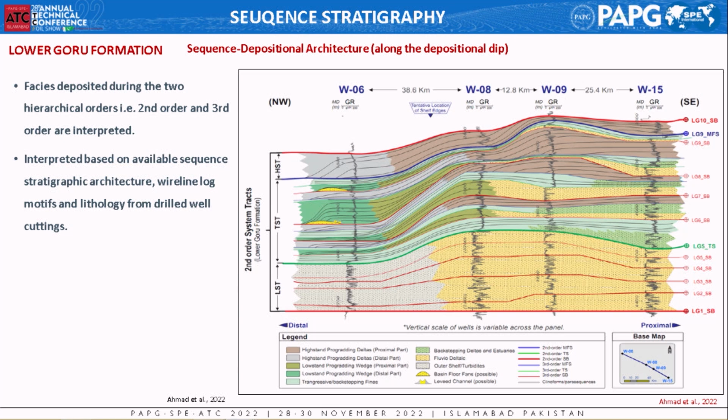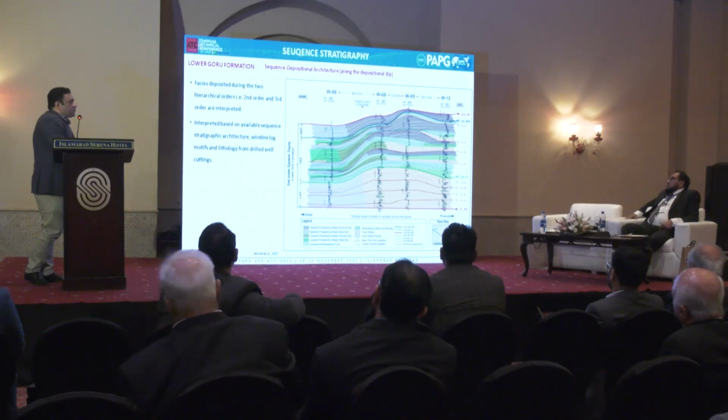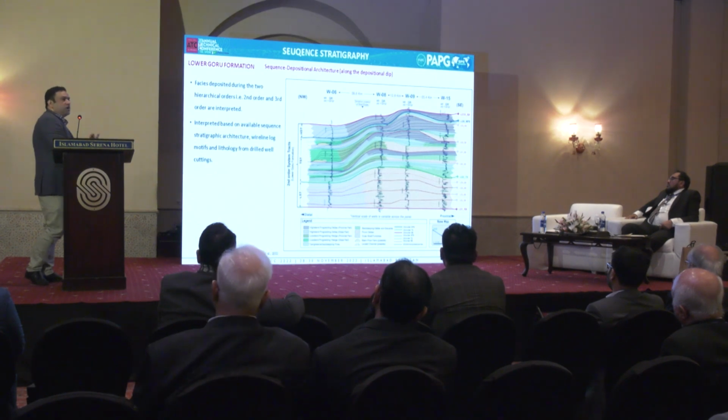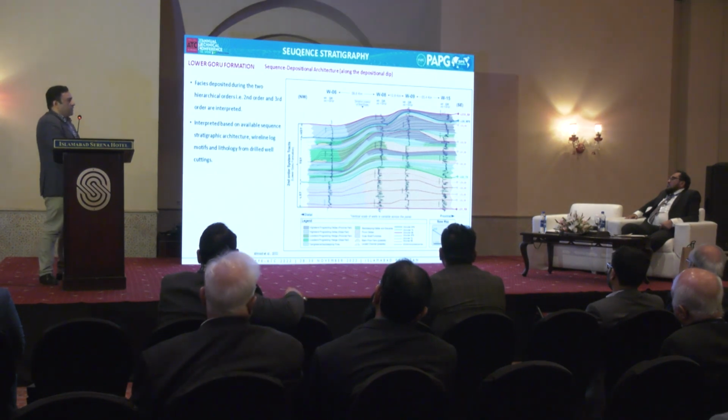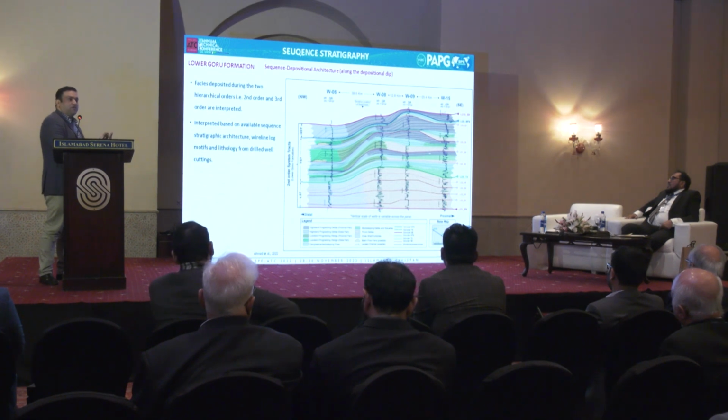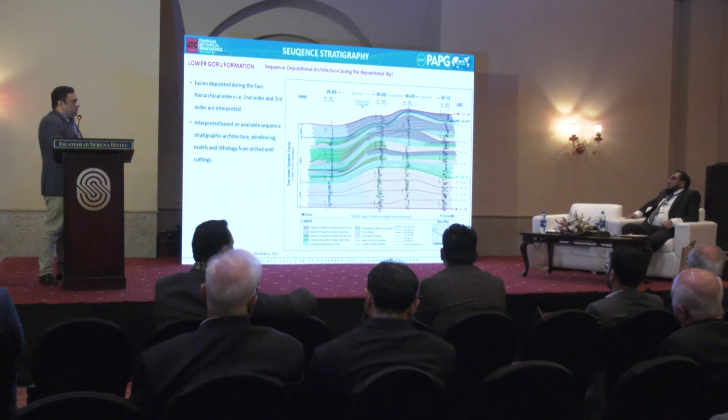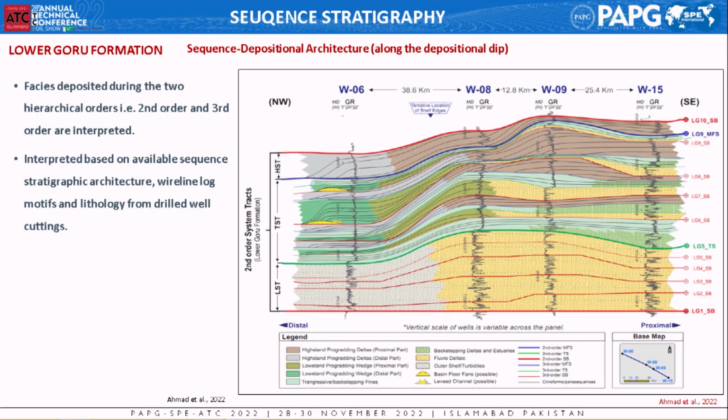And above LG5 transgressive surface, as I have told, this package from LG5 transgressive surface to LG9 maximum flooding surface is a package which is an overall retrograding behavior. So these packages are characterized by the estuarine sediments and retrograding fluvial deltaic sediments and retrograding shelf and shoreface sediments.